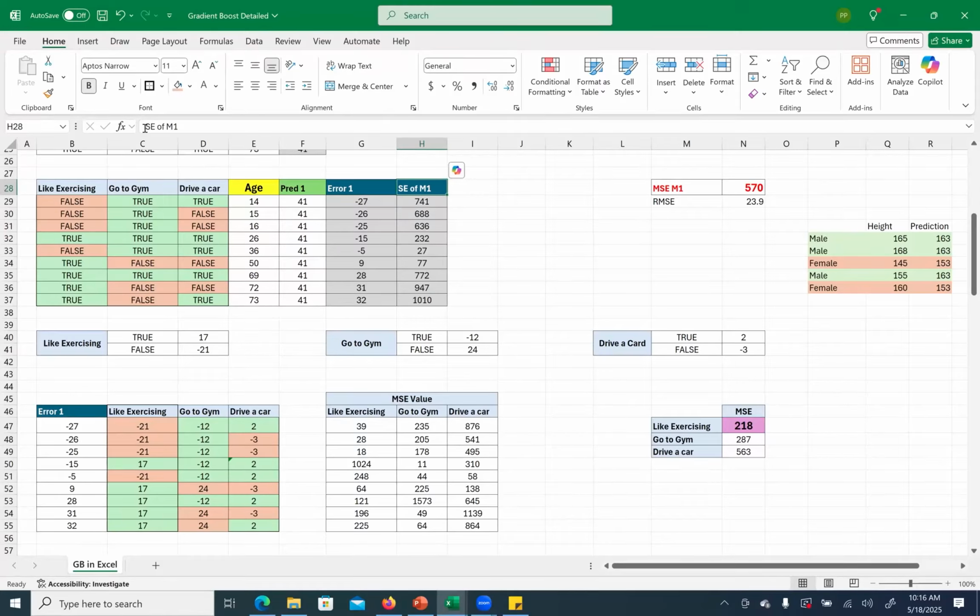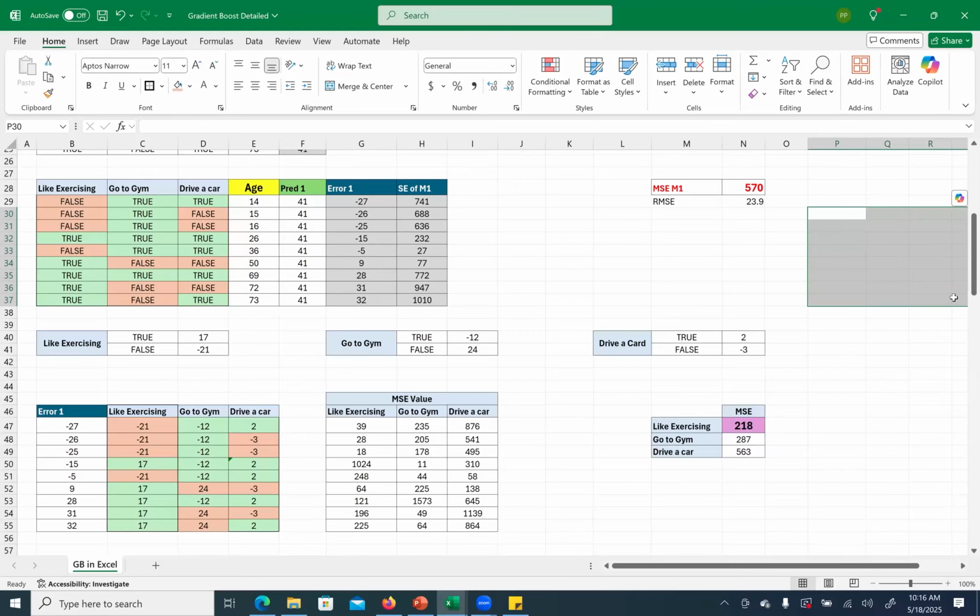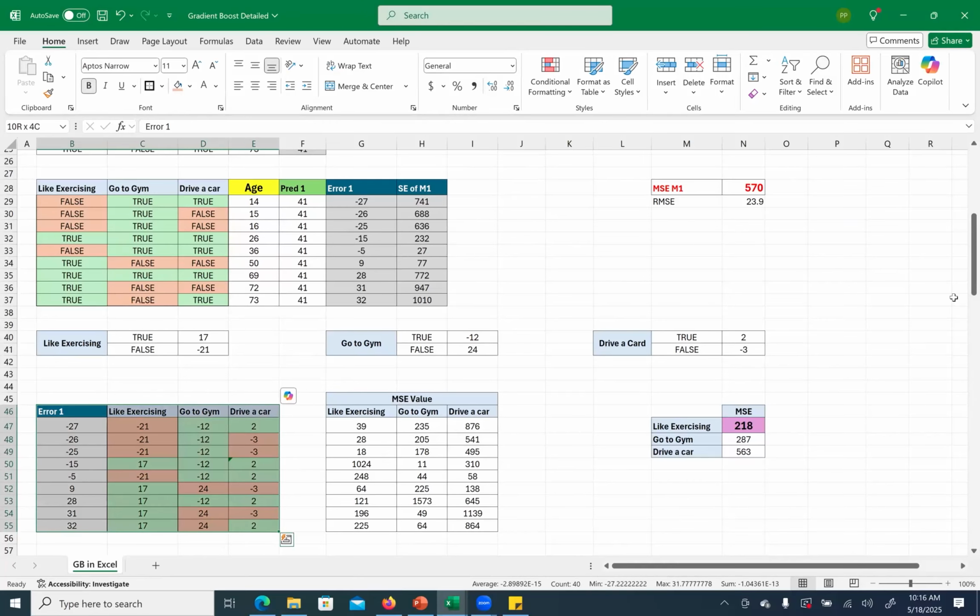Cool. I'm removing this. Okay, now once you have populated this table, I will check that if I use exercising as my predictor, as my input column, what is the accuracy that I'm getting?